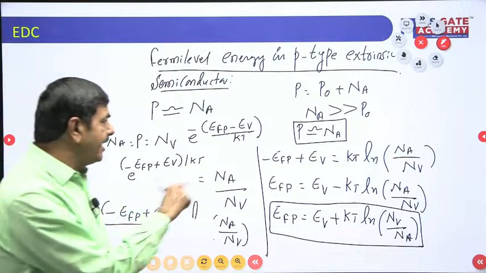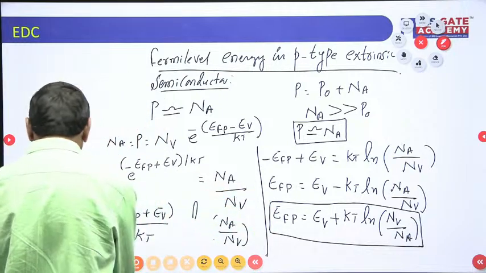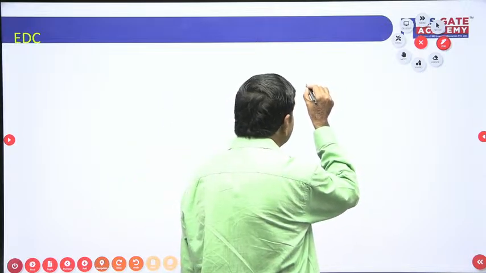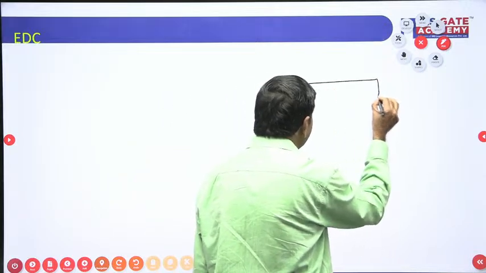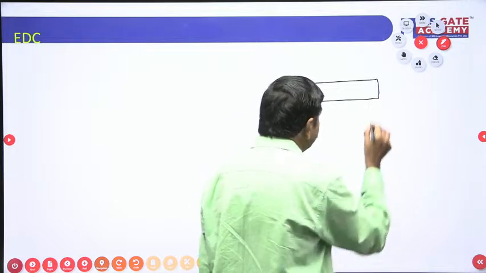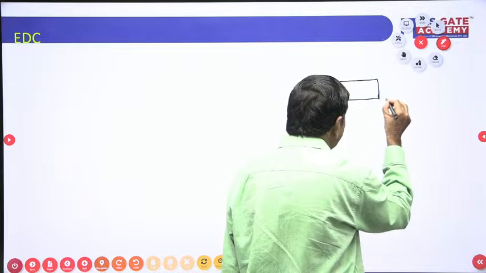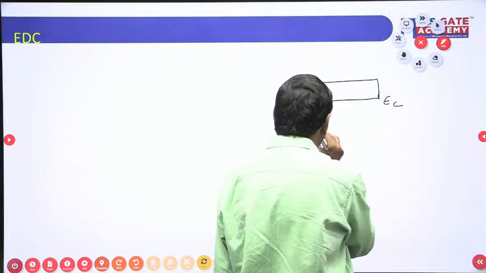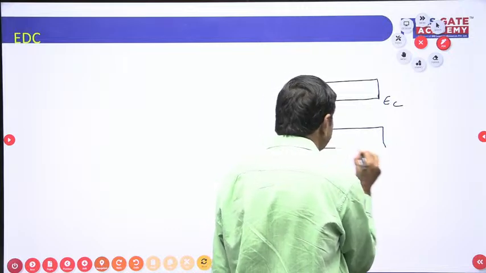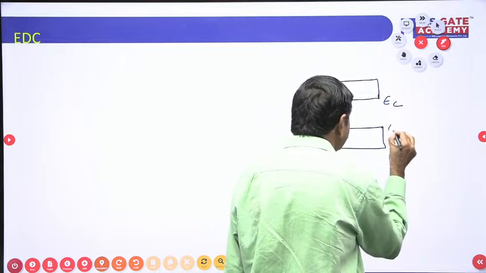Now, I will draw the energy band diagram for this, you will understand clearly now. The energy band diagram will be plotted like this. This point is taken as EC, and this is to be taken as EV here.